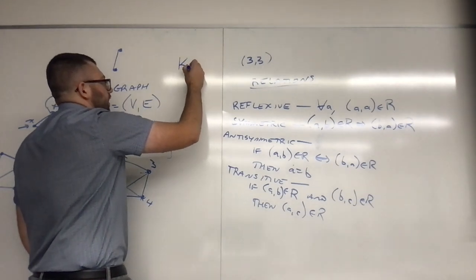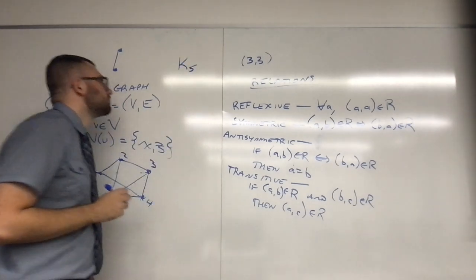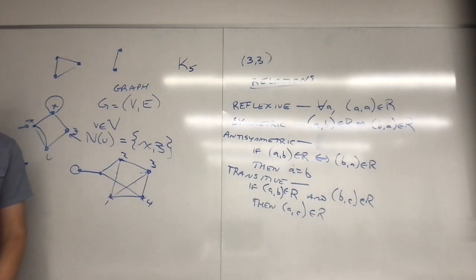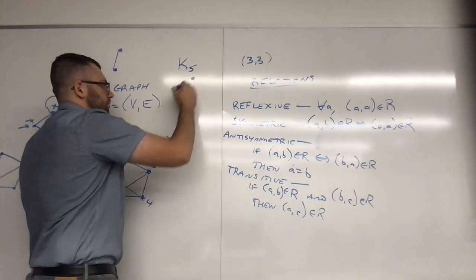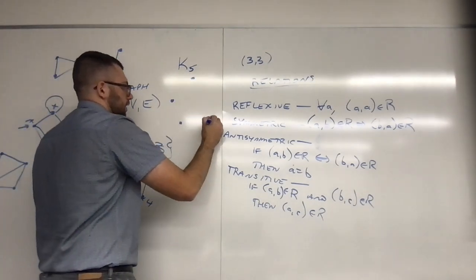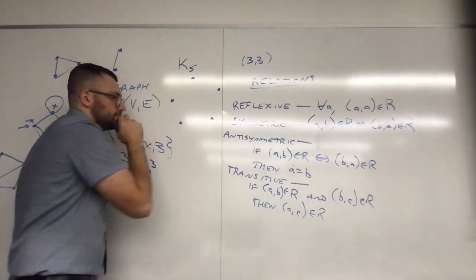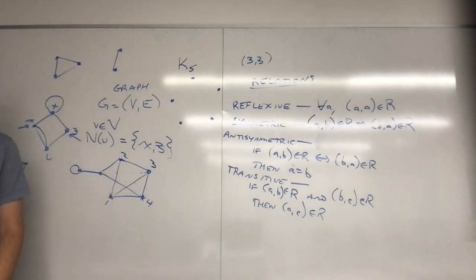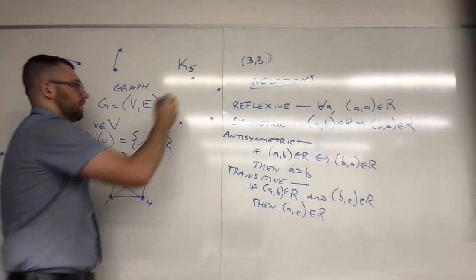Let's say K5. There's 5 different vertices. What about the edges? Everything's connected to everything else.